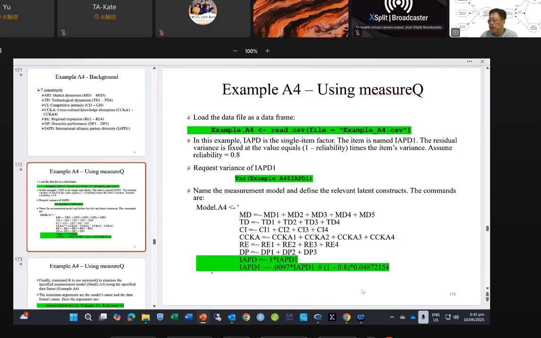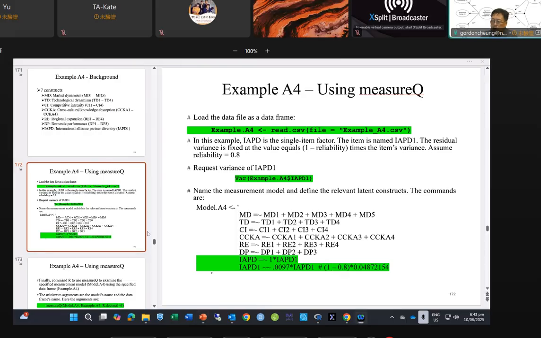However, what you can do is to run a sensitivity analysis. That means I don't know what is the reliability for IAPD1, but I suspect that there may be measurement errors. Then you can run your analysis with no measurement errors, so reliability equals to 1, or you substitute 0.9, 0.8, and 0.7 to see if the results are any different.